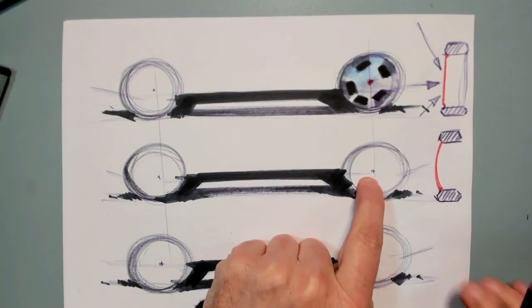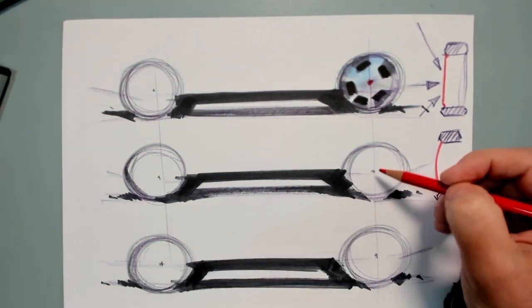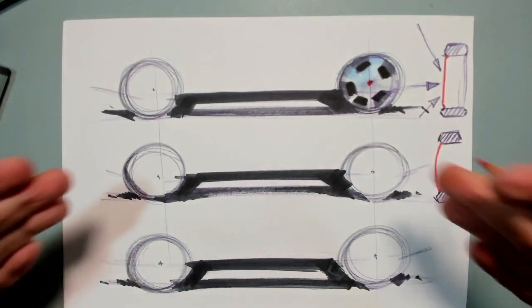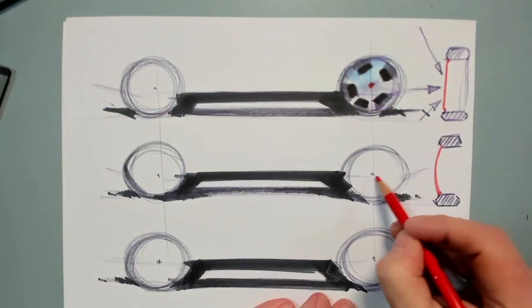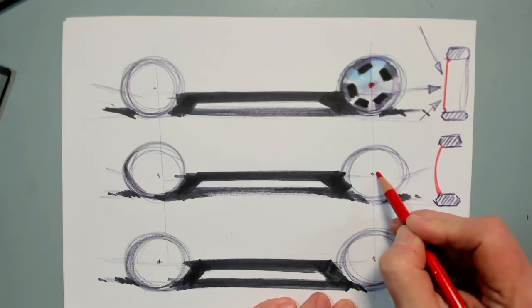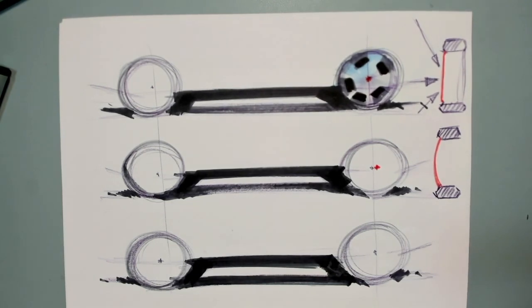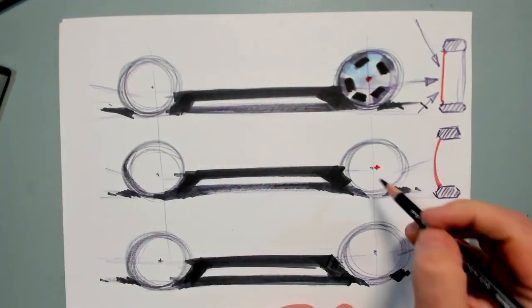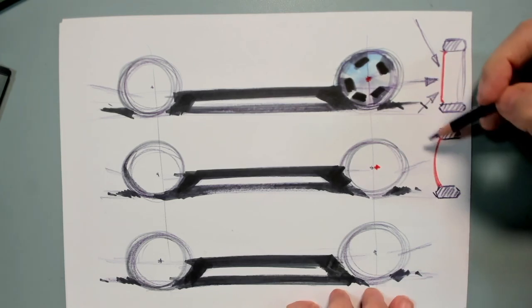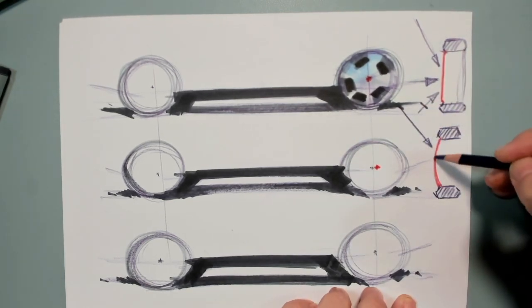So when this is spherical, what happens? The center line, according to the effect of perspective, moves to the right a little bit. So that's the first thing you have to think of. Then the second thing is that we have to treat the light coming from the top. It will hit this part.